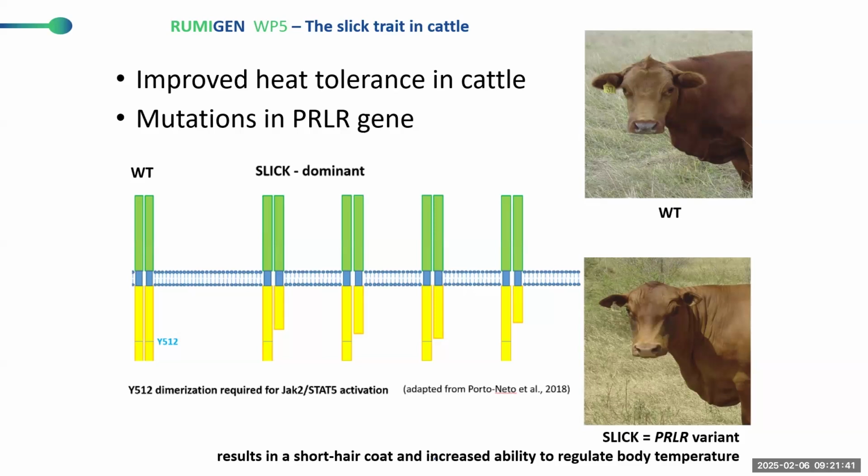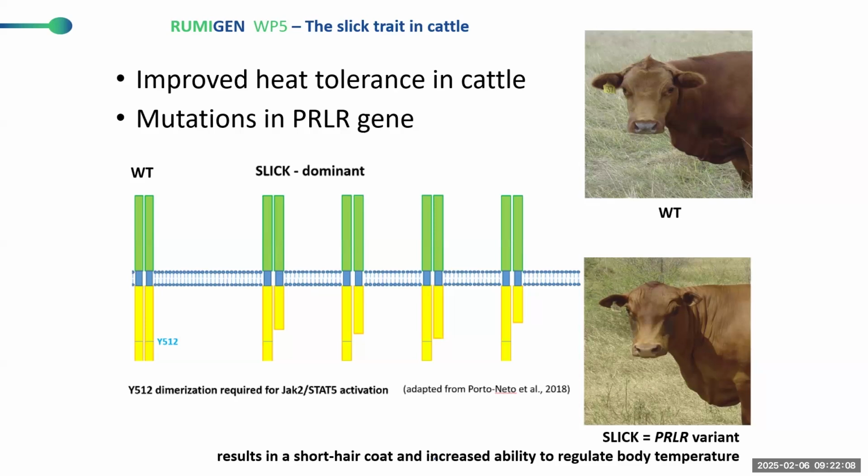All the mutations described in the different breeds of cow truncate the receptor before this tyrosine, and so it certainly represses the JAK-STAT activation. But it's not a knockout allele, it's a new variant.